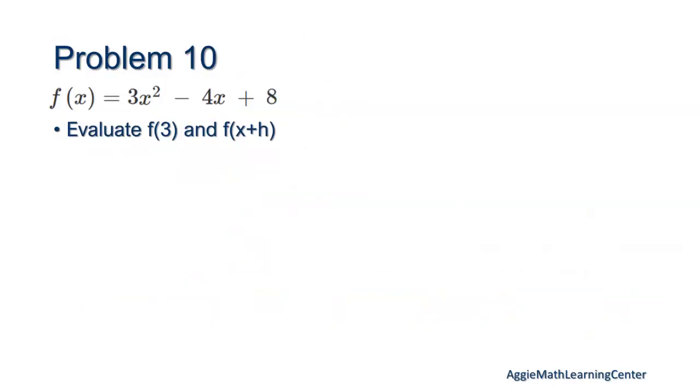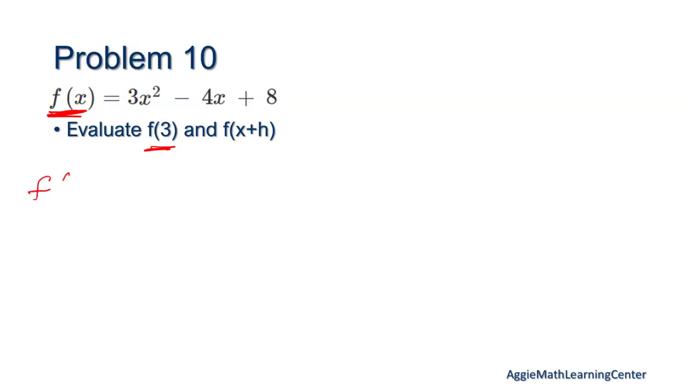So now, this time they give us an equation. They give us a quadratic, and they say evaluate f of 3 and f of x plus h. So if we look at the notation, they say f of x equals those. And what f of 3 means is that you're plugging in 3 for x.